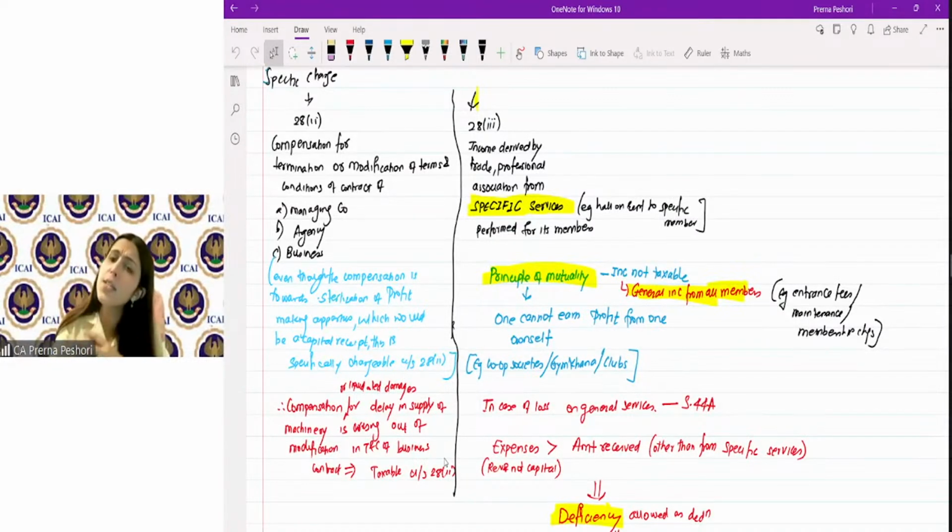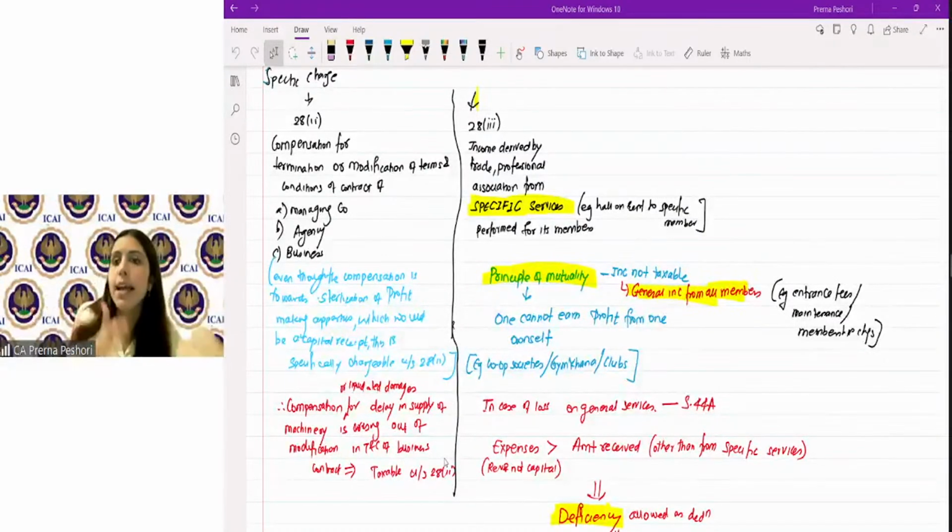So even if some surplus remains, that surplus is not taxable because it is to be considered for the benefit of the members. A mutual association is basically where a group or association comes together with a common objective and contributes monies for achieving that objective, and where the surplus which is earned will also be used in future for the members themselves. The cardinal principle of mutuality is that all the contributors are also the participators in the surplus.